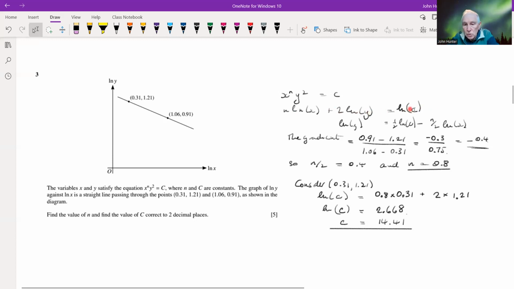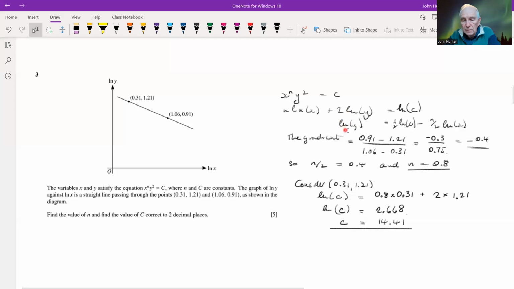Right, okay, so this is a useful form. If we now rearrange this to natural log of y equals, dividing through by 2 and rearranging, half natural log of c minus n over 2 times the natural log of x. Now this is basically a straight line, isn't it?